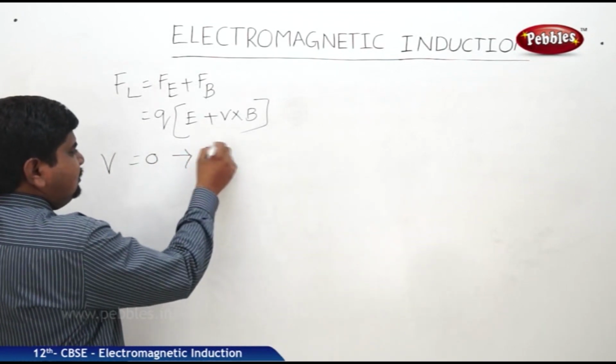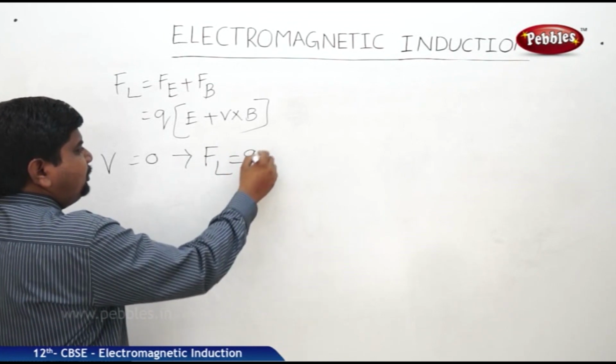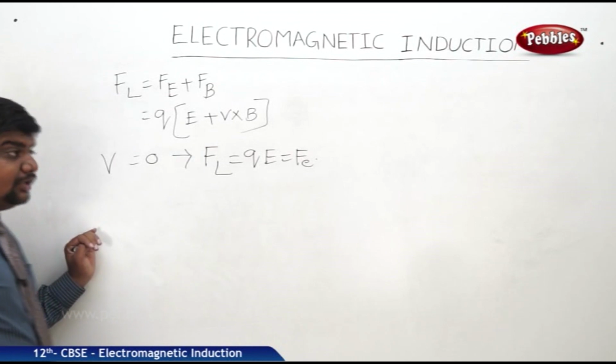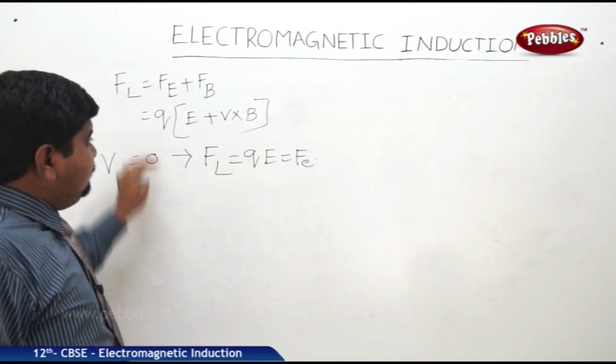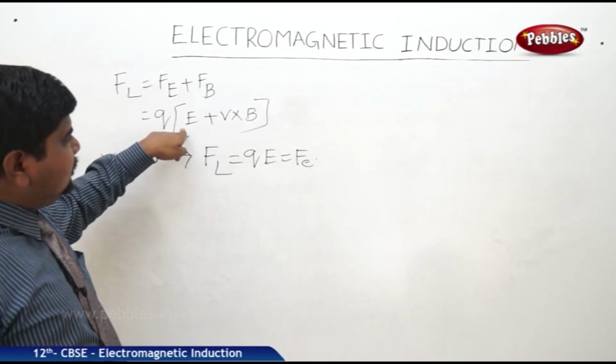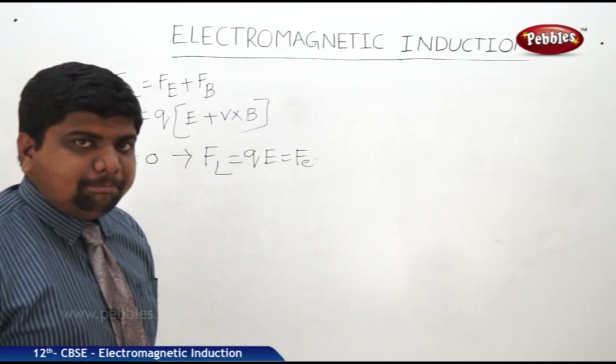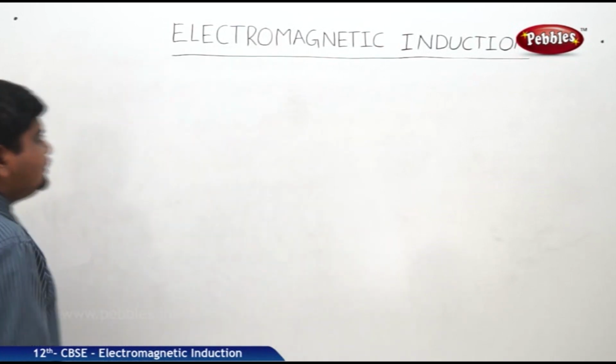In this case, Lorentz force is equal to QE, nothing but electrostatic force. In case of V is equal to 0. If electric field is 0, then we can say Lorentz force is equal to QVB.